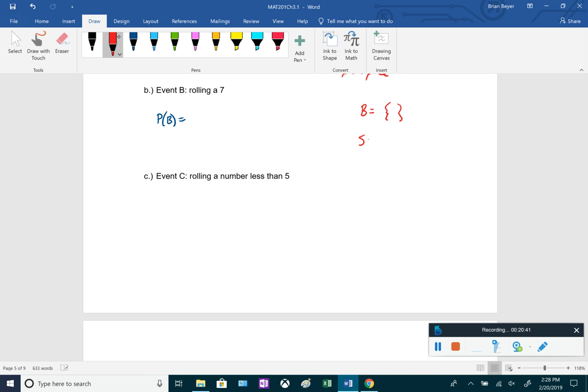And for the sample space, once again, that's 1, 2, 3, 4, 5, 6. So it's the number of ways that event B can occur, which is 0, divided by the total number of outcomes possible, which is 6. So 0 out of 6, so just 0, or 0%, because obviously there's no 7 on the 6-sided die.